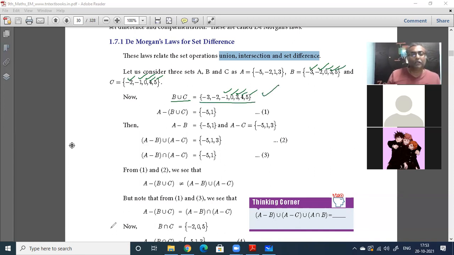Now he's doing a very interesting thing. Usually you will do A union B intersection C, that is the distributive law and all of that. Now he's doing a very different thing.